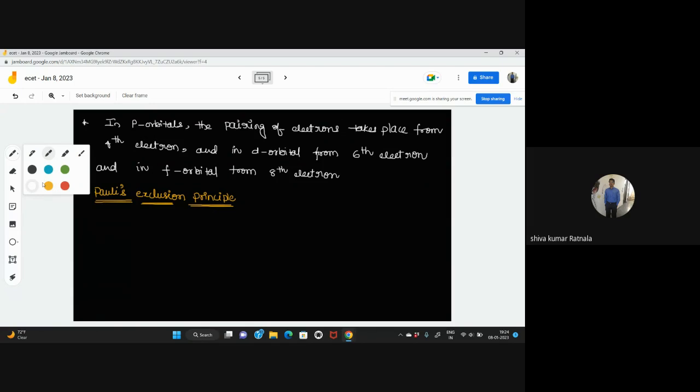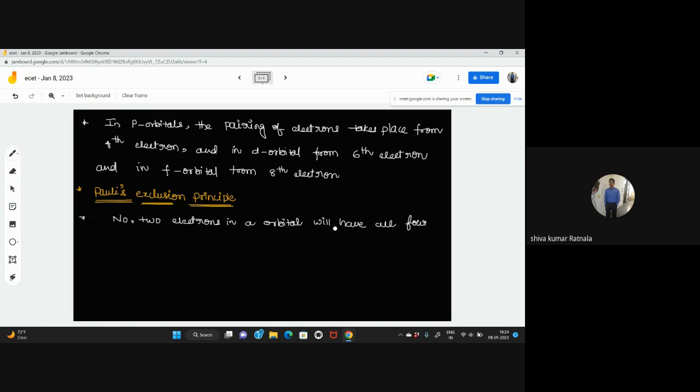So Pauli's exclusion principle says that according to this rule, no two electrons in an orbital will have all four quantum numbers equal.